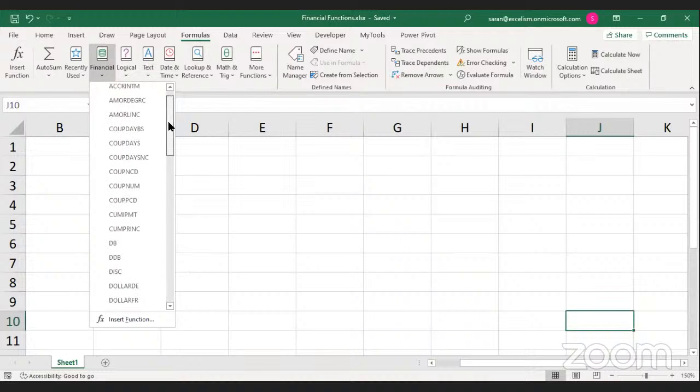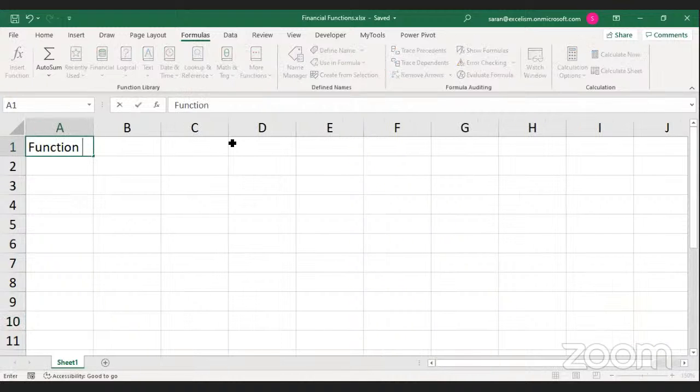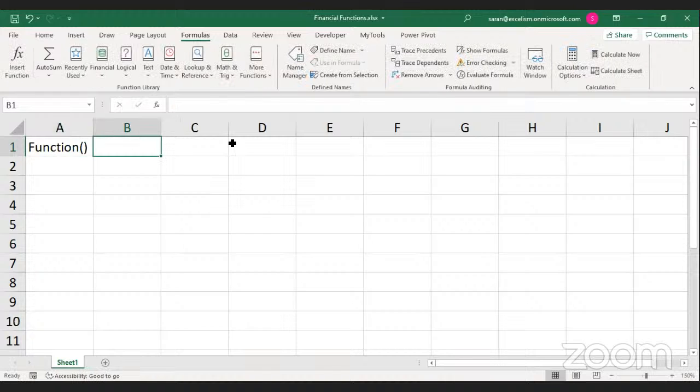So out of these, I'm going to talk about 10 to 15 functions which are relevant for a chartered accountant day in, day out. Let me write the function name and what this function does, the description or what this function returns. I'm going to talk about a function called NPV.